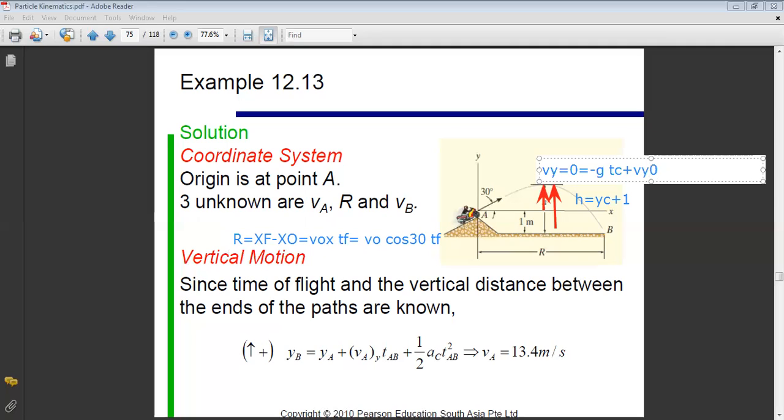So you can get the time needed to reach the maximum height, Tc, and once you find Tc, you replace back into the equation of y as a function of time, y equals minus half g t squared plus V0y t plus y0. But in this case, you need to do it in two steps, while if you use the relation independent of time, you do it only in one step.